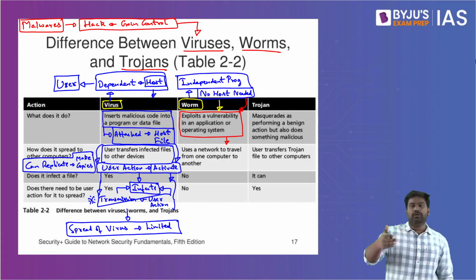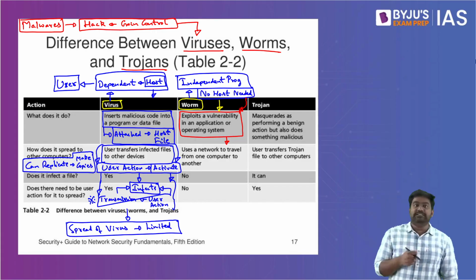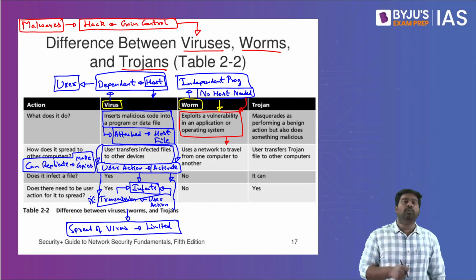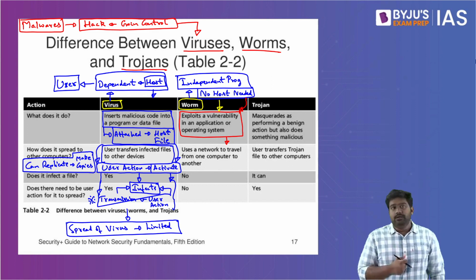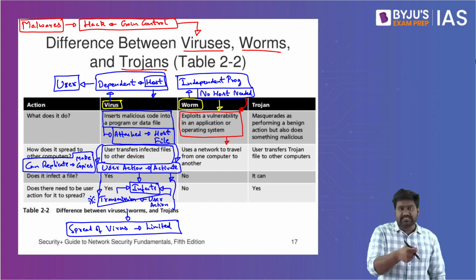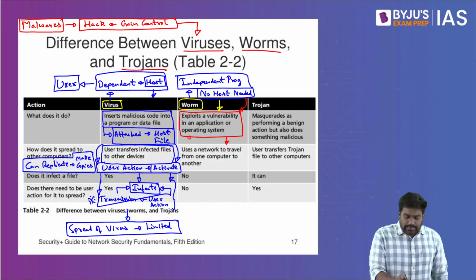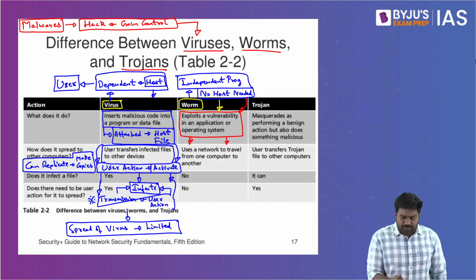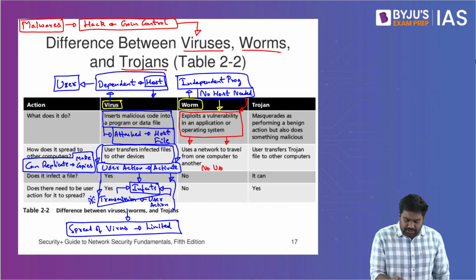By breaching your firewall and your cybersecurity defenses, the hacker can directly plant the worm into the system remotely. Or someone can physically access the system and transfer the worm, and it does not need any host, and no user action is necessary. No user action is needed.